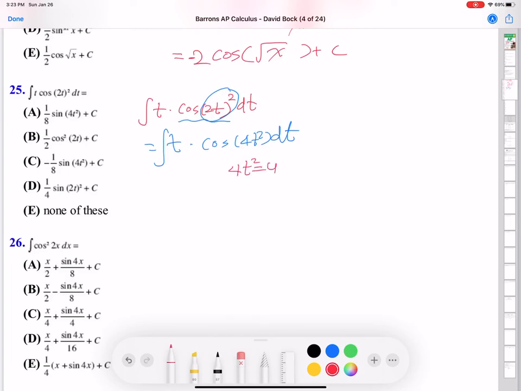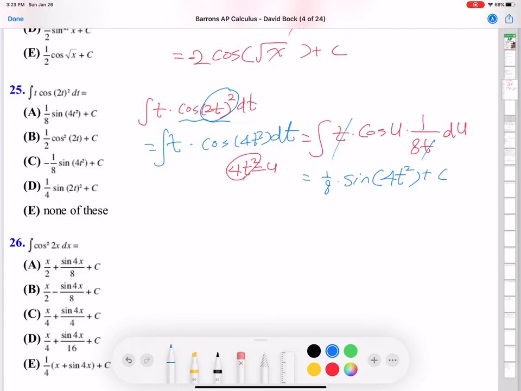Change the integral to t times cosine u, change dt to du over the derivative of the u part, 8t, and then du. And then this t crosses out, 1 over 8 is the coefficient. The integral of cosine is positive sine. Then what was u? 4t squared was u, plus c. 1 over 8 sine 4t squared plus c. A is the answer.